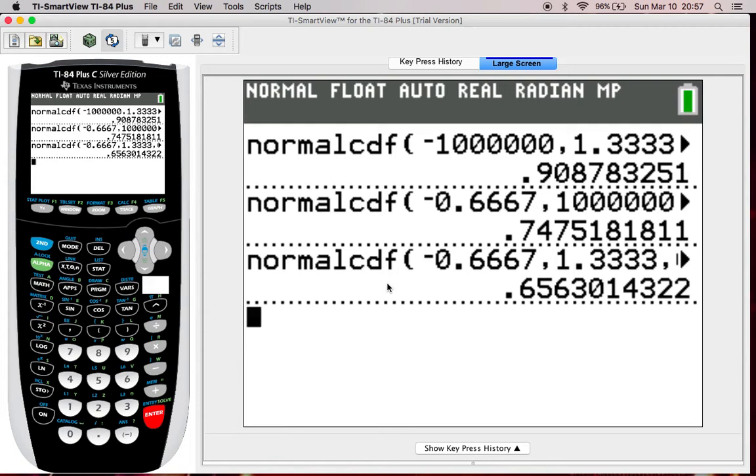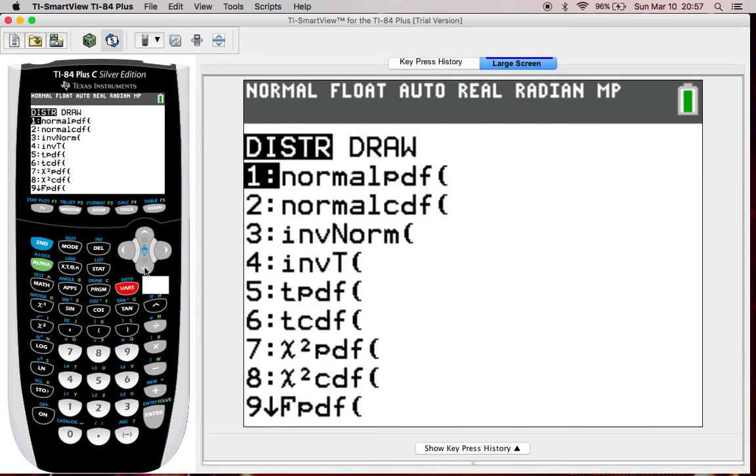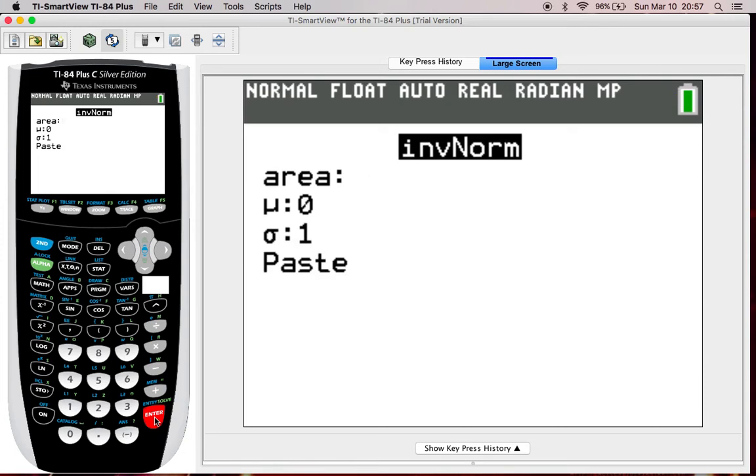So now working backwards, we had to use inverse norm to find the z-score for a given probability. So the first one said find the IQ score so that the area to the left of that is 0.7019. So I'm going to go back into my list of distributions, second vars, and number 3 is inverse norm. I'm going to hit enter on that, and it asks for 3 things. The area to the left, 0.7019, 0, and 1.